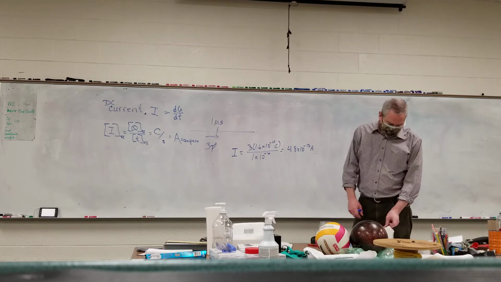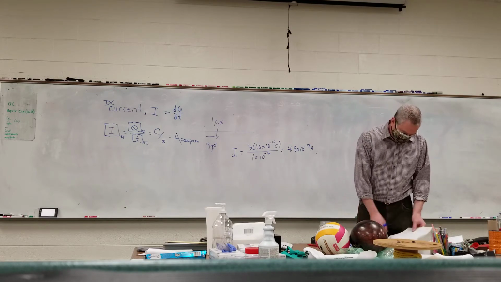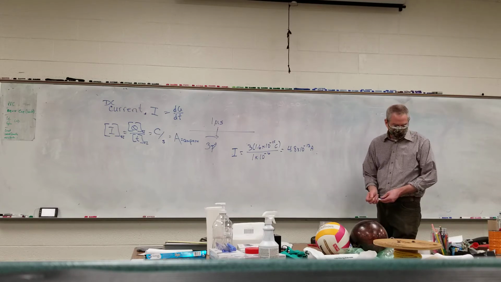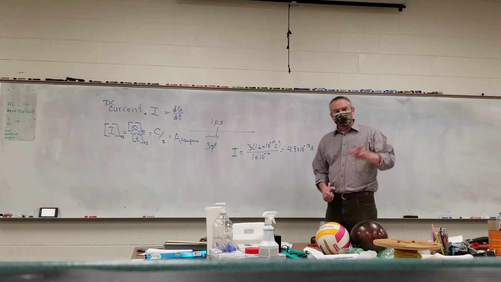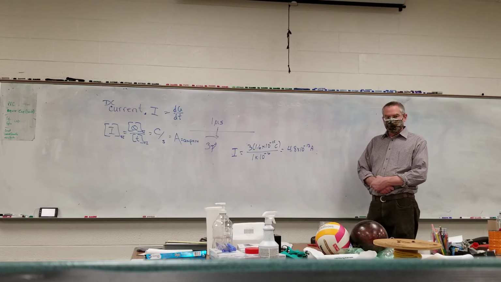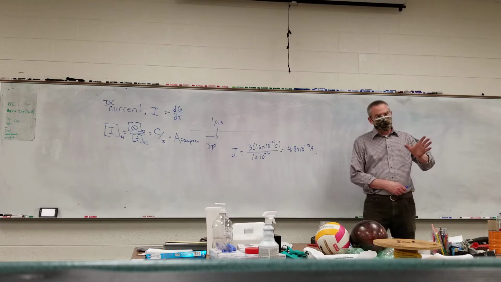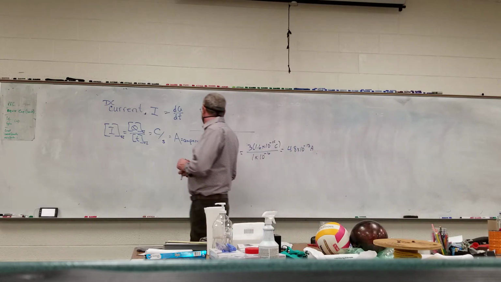So let's play around with this a little bit. I have a question. Is current always positive or can it be negative? It is not a vector, first off, but it can be negative.